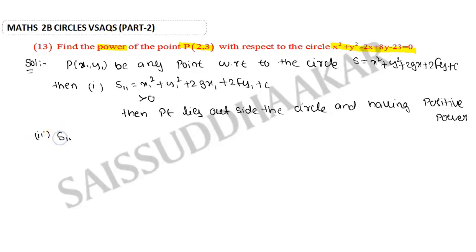And condition number 2: if S11 is less than 0, P lies inside the circle and has negative power.